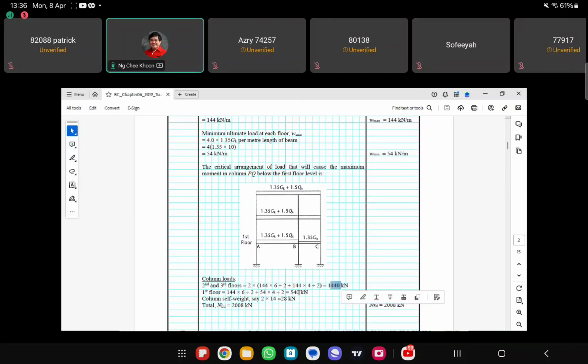So you add all this up from the second floor and third floor, and then from the first floor, and then from the column self-weight, then we get 2008 kilonewton as the axial load that is transferred to this column here. So is everybody following me? Is everyone okay? Or any question on the calculation of this load here?